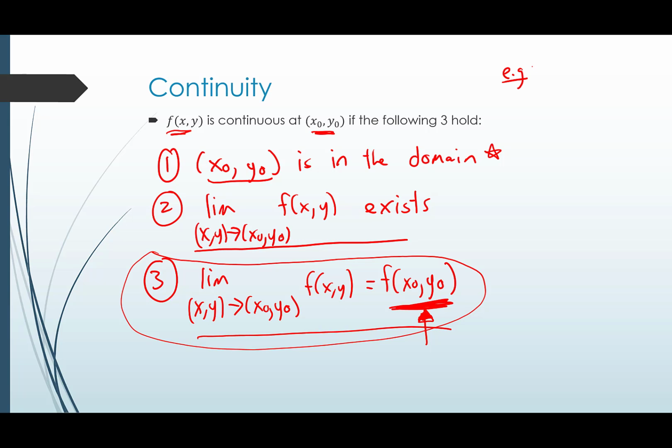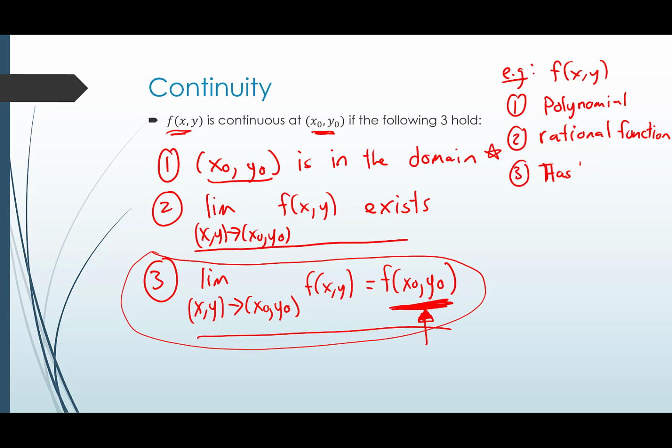So for example, if f of x, y is a polynomial, a rational function, or has some kind of trig, exponential, or logarithm in it, then f of x, y is continuous on its domain.